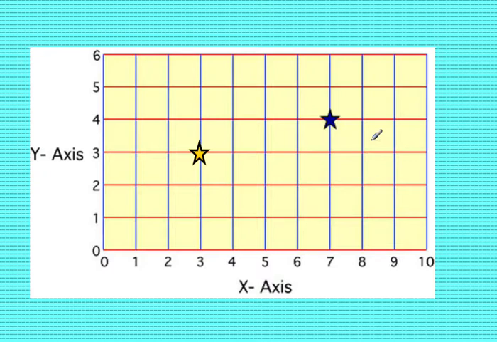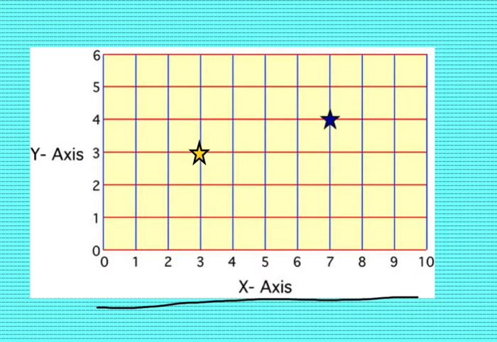Oftentimes, you're not going to be dealing with letters on the bottom part of your coordinate grid. You're going to be dealing with numbers on both sides. To someone just learning this, it could seem confusing at first because we have 2 sets of numbers that look the exact same, and you're right.